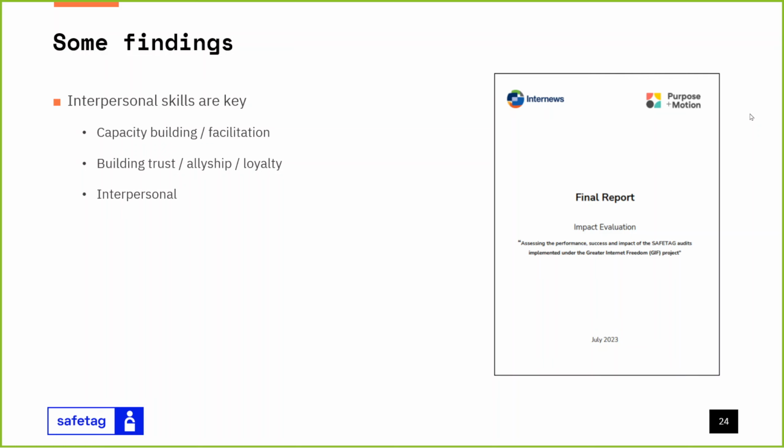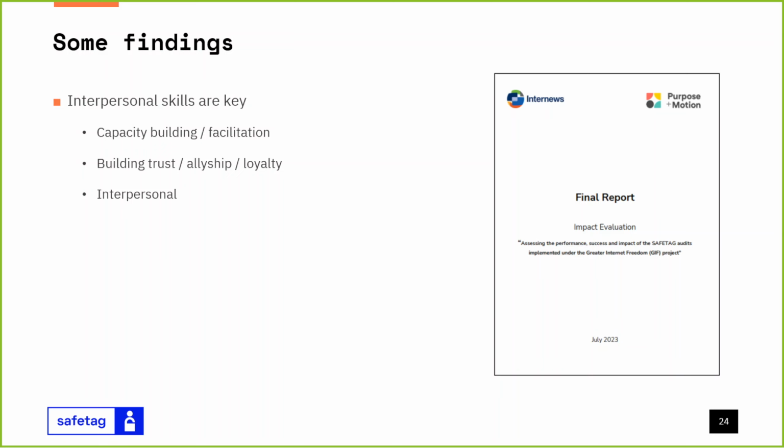Here things got super interesting in terms of the evaluation, because the audited organizations were agreeing that interpersonal skills are the most important ones. We had auditors who are very good with the tools, they know their thing with the technology. However, it didn't work that well because they weren't very good at facilitating or building trust with the organization.